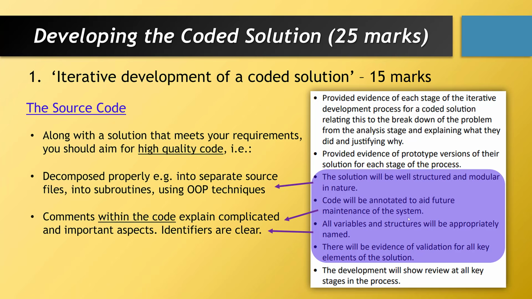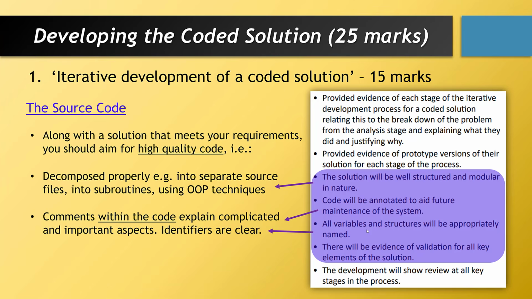The next couple are about sort of annotation and naming, which are easy. And if you haven't got comments and if you've put silly names for your variables and so on, it's just unbelievable because it's so easy to get high marks for this. So add comments within your code, not just in your report, but actually within the code to explain complicated and important aspects. Don't add a comment to every single line because that's just awful to look at.